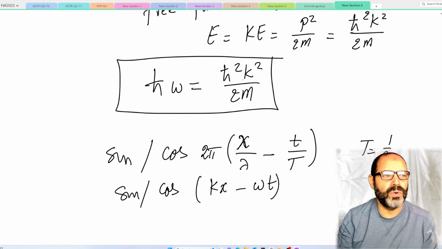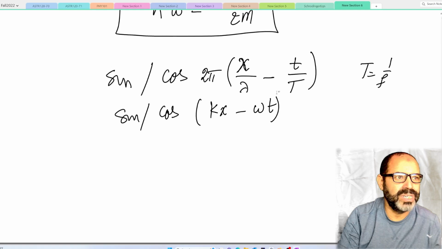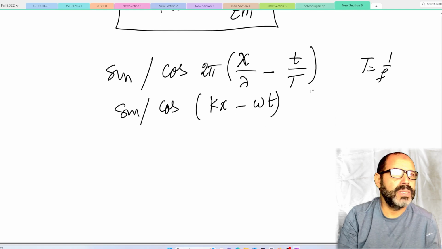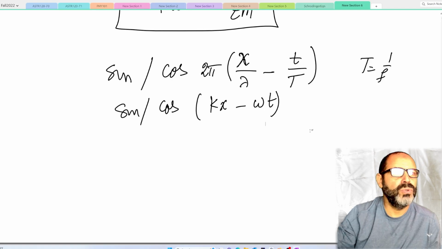So it can be written in this form. I know, at least in my previous classes, we didn't use this form a lot, but this is how a harmonic wave would look like. So any other wave actually is a combination of these harmonics. We're going to do the same in here.